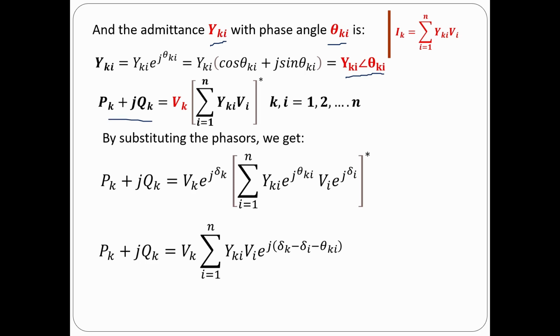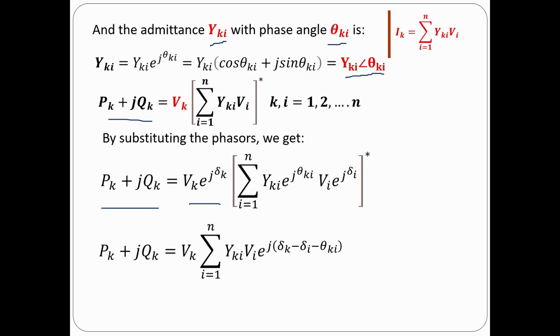Therefore, the equation will become Pk plus jQk is equal to Vk e^(j delta k) times the open parenthesis summation of Yki e^(j theta ki) times Vi e^(j delta i), from i equals 1 up to n.